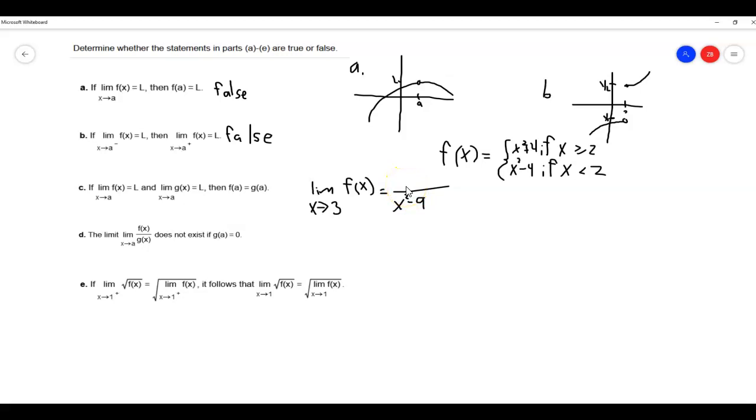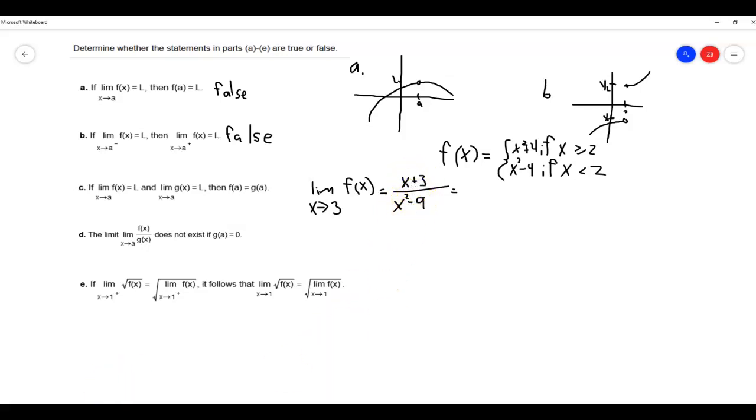That's what we want to do, because that's going to end up getting a 0. And so on the top, we want to get x plus 3. So x minus 3. Oh, hold on just a moment here.